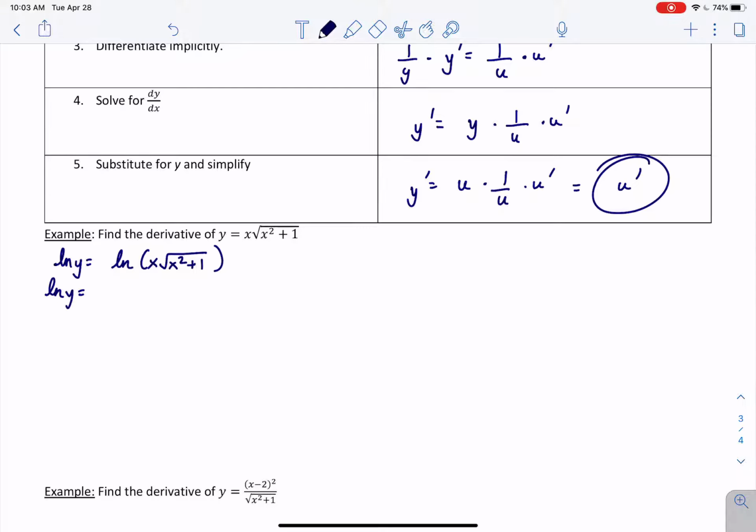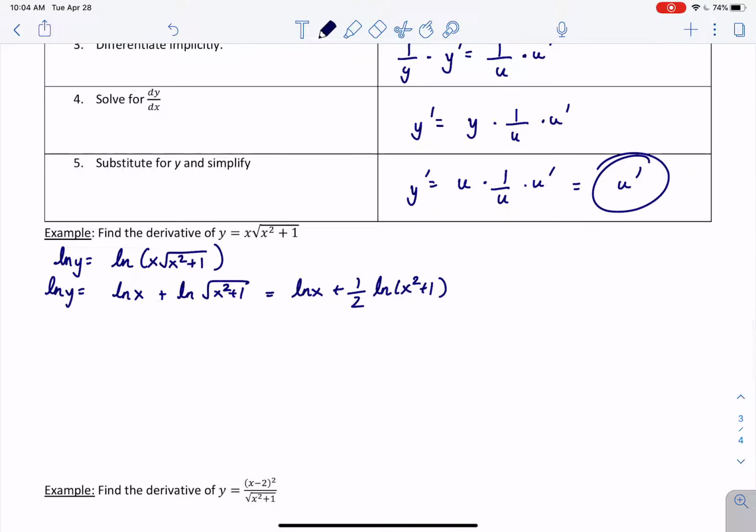So instead of natural log of x times the square root of x squared plus 1, I'm going to do natural log of x plus natural log of the square root of x squared plus 1. And I can simplify that even more because the square root of x squared plus 1 is x squared plus 1 to the 1/2. So I can make that 1/2 natural log of x squared plus 1. So now I've gotten rid of the exponents, I've gotten rid of the product. It's a much simpler function to take derivatives of.